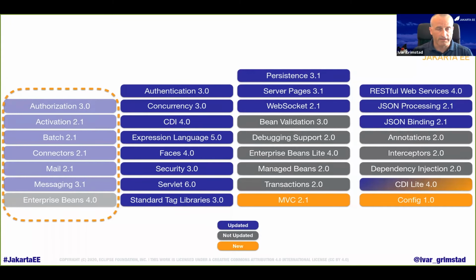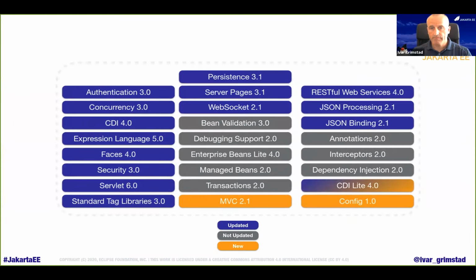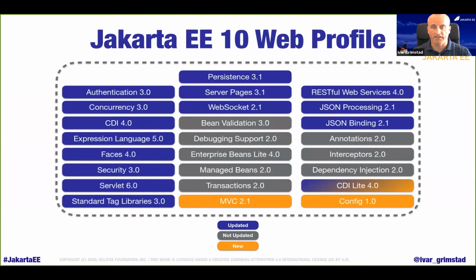As you can see in the yellow square here, these are the enterprise specifications that are part of the platform, but not of the web profile. So if we remove these, you'll see that we have the Jakarta EE 10 web profile, or the suggested one, because we may move around some specifications here and there.